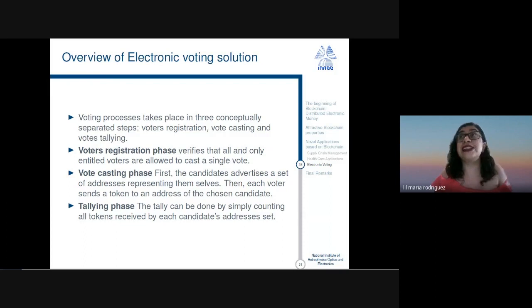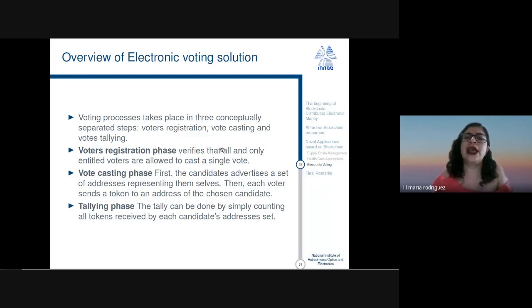So that's the first step, where we need to provide a mechanism to guarantee that you can just cast a single vote and that you have enough credentials to vote.